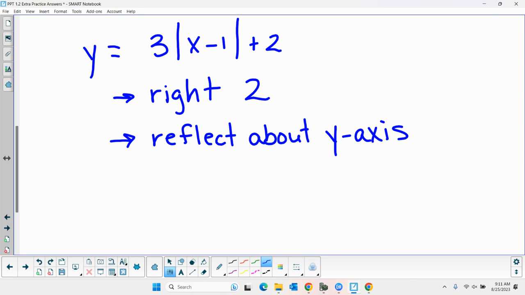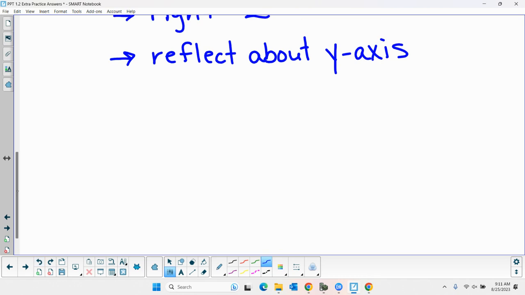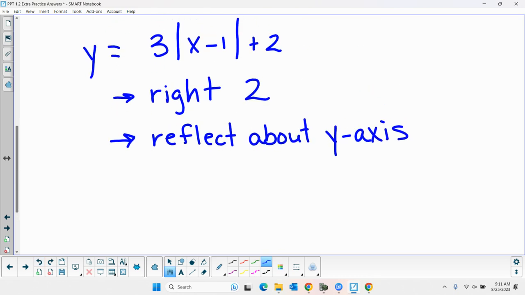All right. Good job. So the first thing, one at a time, right? So I've got my y equals. Let's just do right 2. So am I doing it to the whole thing, the y, vertically, or am I doing it to the x horizontally? Right and left is horizontally, correct?